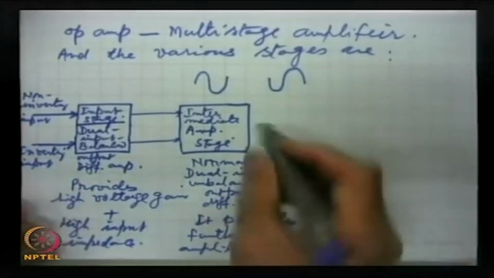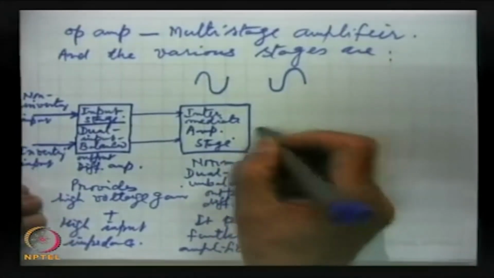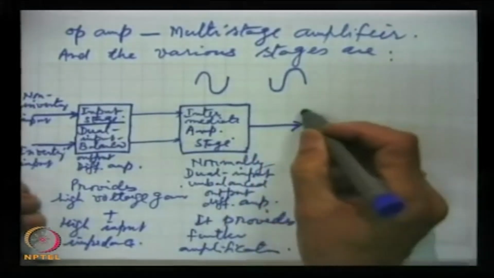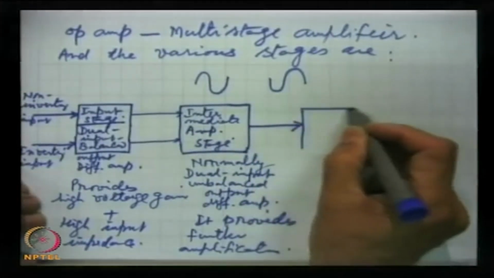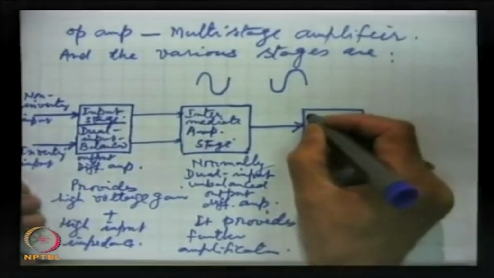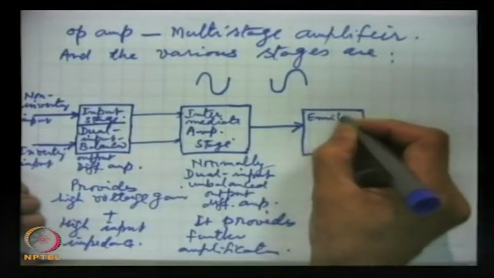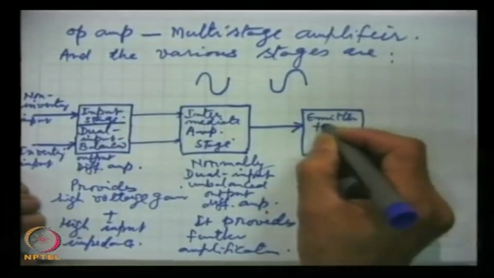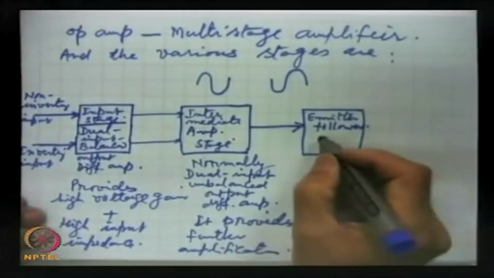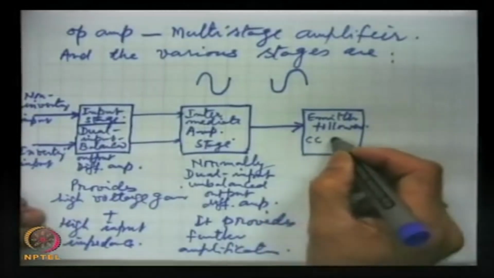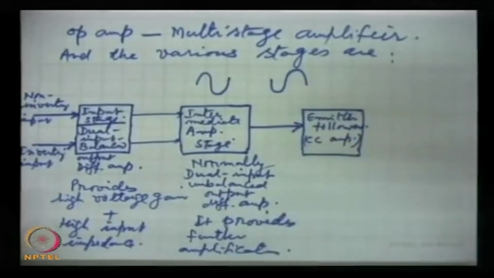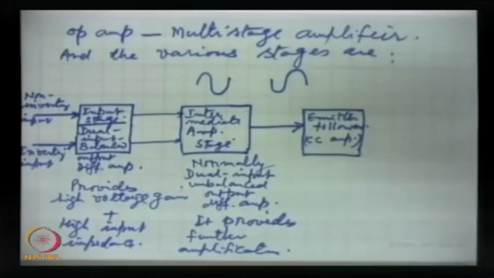Then it goes to the next stage, which is the emitter follower stage, which is a common collector amplifier. And what does it do?